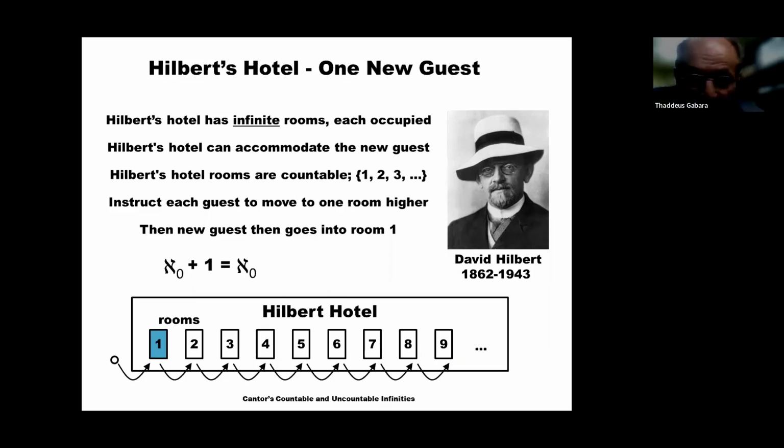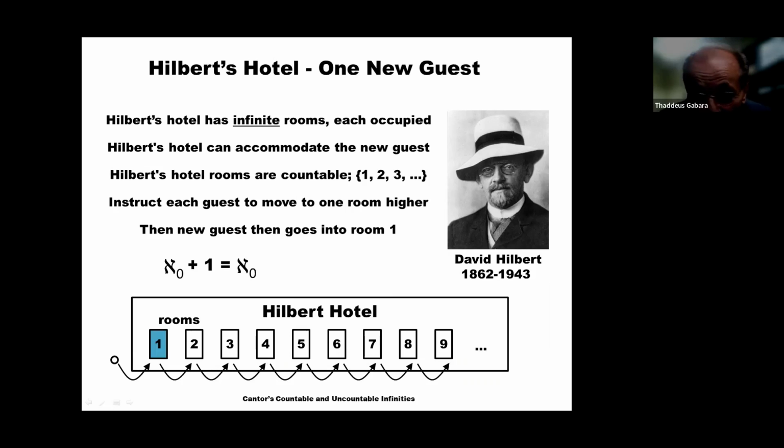And then I can start giving instructions to my guests. The instruction that I give to my guest is I tell each guest to move to the room one room higher. So 1 says, all right, I'll move to 2, and 2 moves to 3, and 3 moves to 4, and so on. And we have an empty room in 1.